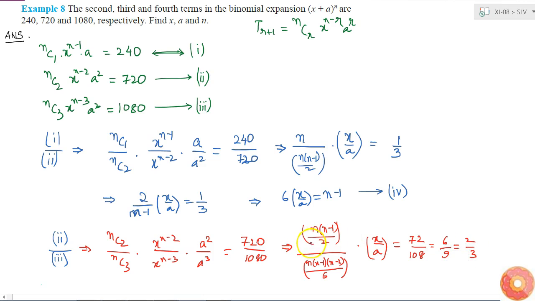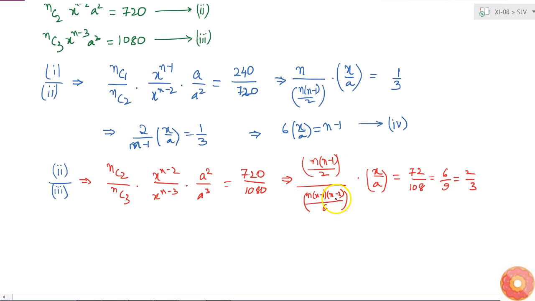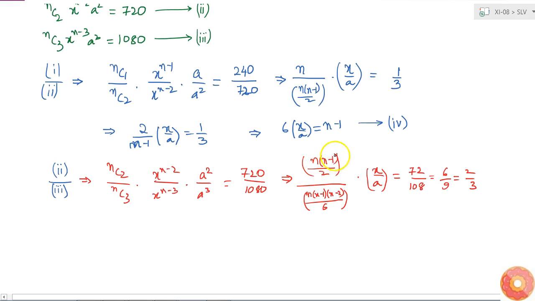Fine. So here again I can cancel n into (n-1). And I can also cancel 2 and 6, and I will be left with 3.